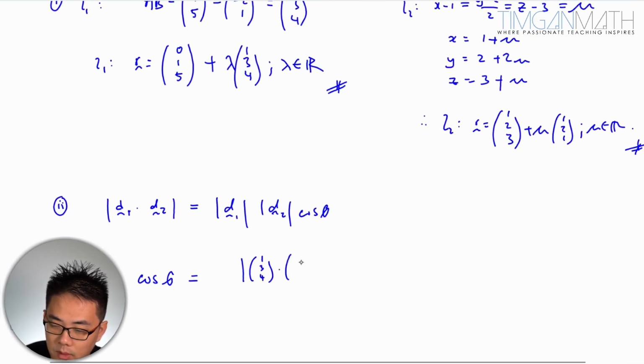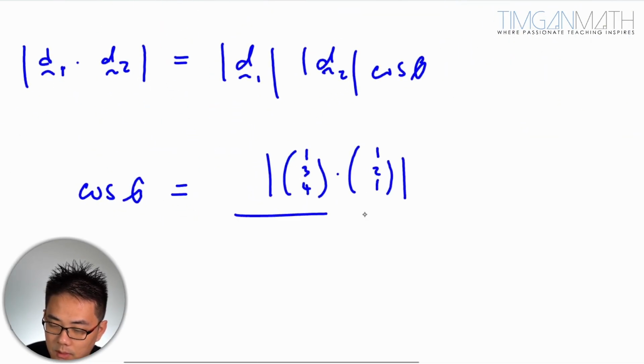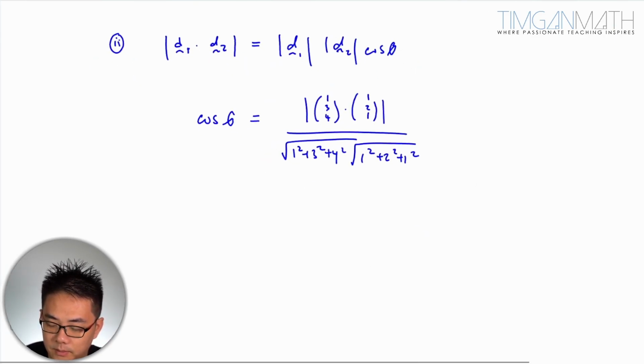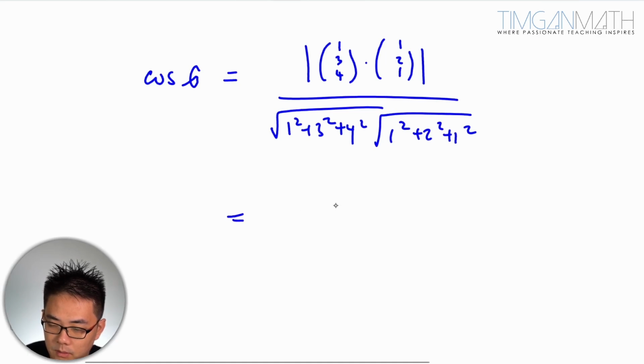134 dot with 1 2 1, and then square root of 1 square plus 3 square plus 4 square, times 1 square plus 2 square plus 1 square, plus 6 plus 4.